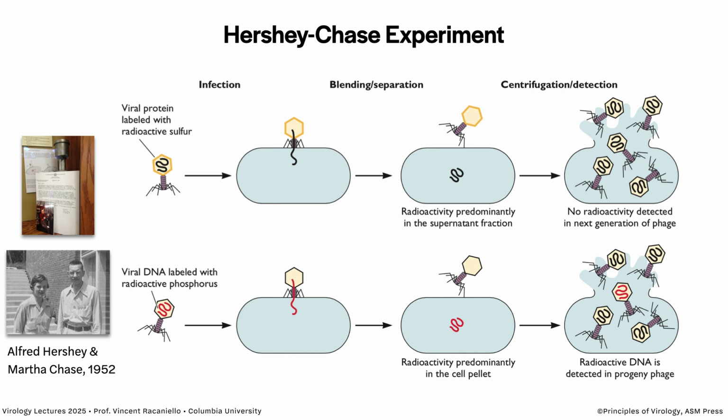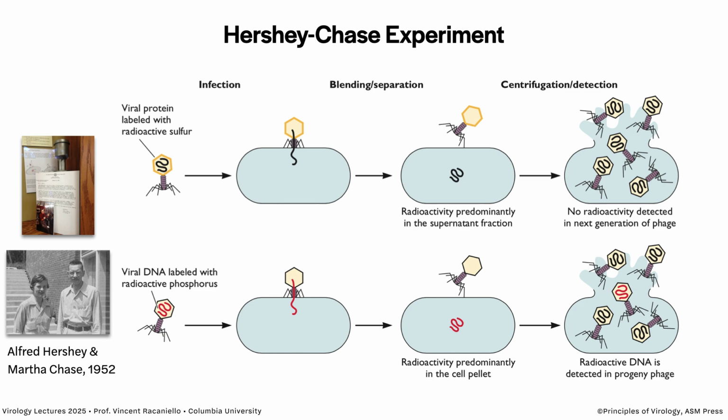Luckily, they used a phage that just injects its DNA into cells, because with many phages the whole thing gets into cells. That would have been confusing, right? Both protein and P32 labeled nucleic acid would have gotten in.